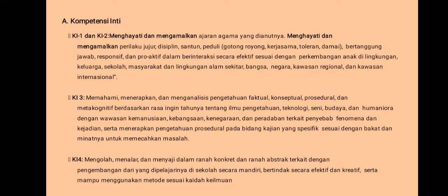KI1 and KI2 are living and practicing his religious teaching, and KI3 is understanding, applying, and analyzing factual, conceptual, procedural knowledge, and so on. And KI4 is processing, reasoning, and presenting in the realm of concrete and the realm of the abstract in this topic.